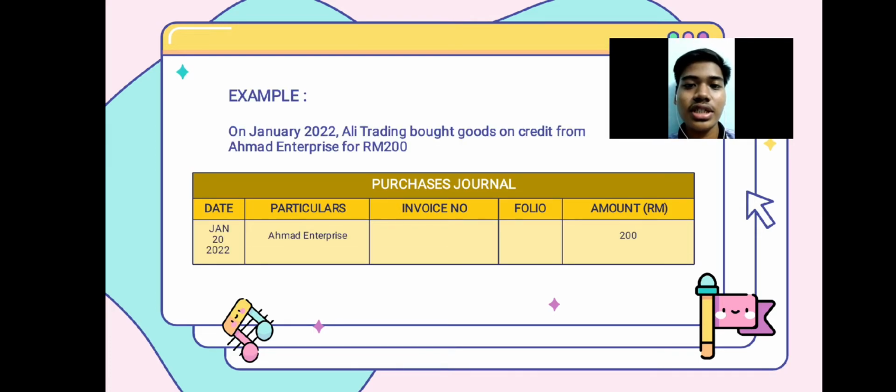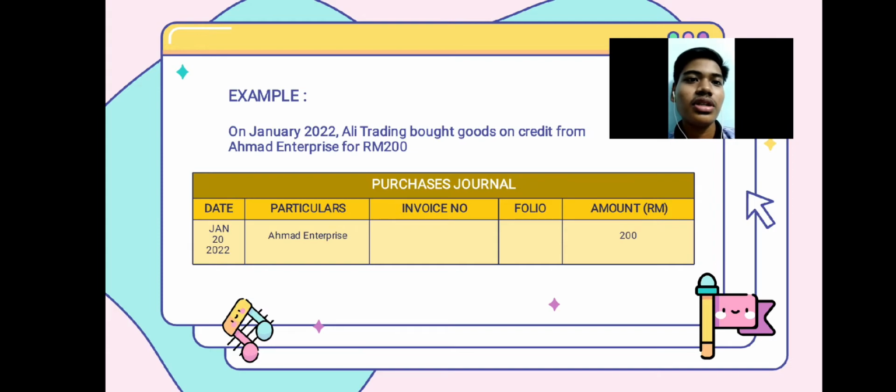As you can see, I have an example for a purchase journal. On 20 January 2020, Ali Trading bought goods on credit from Ahmad Enterprise for RM200. In a purchase journal, first we write the date of the purchase of goods, which is 20 January.